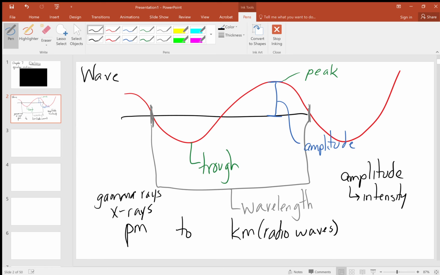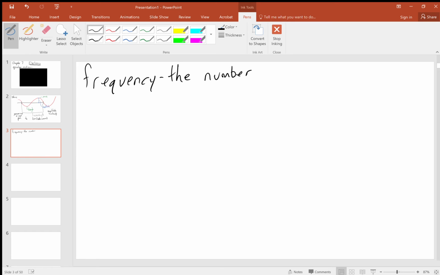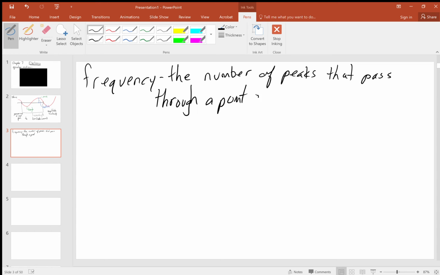The other item we need to define is the frequency. The frequency is the number of peaks that pass through a point in a given time.